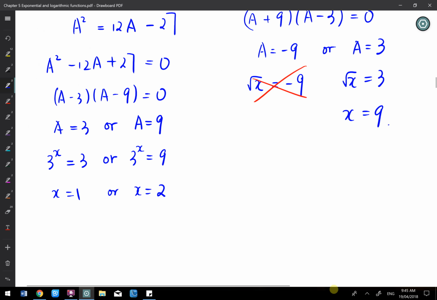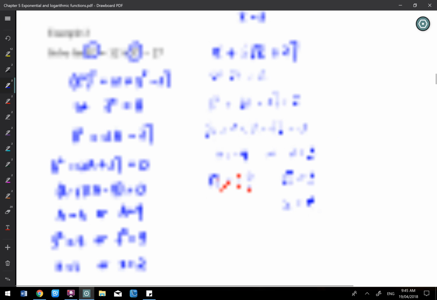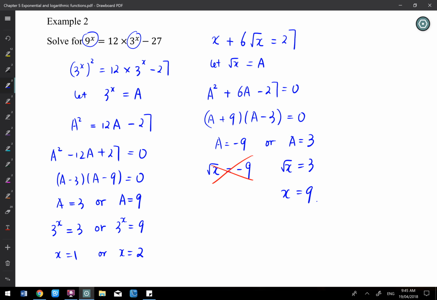Can you see they look really different? And this question is actually not an exponential question. It's not really testing exponential ability. It's testing whether you can replace some variable with another one and then solve as a quadratic. So it's actually a different ability. It belongs to the exponential topic, but it's not really testing your exponential ability.